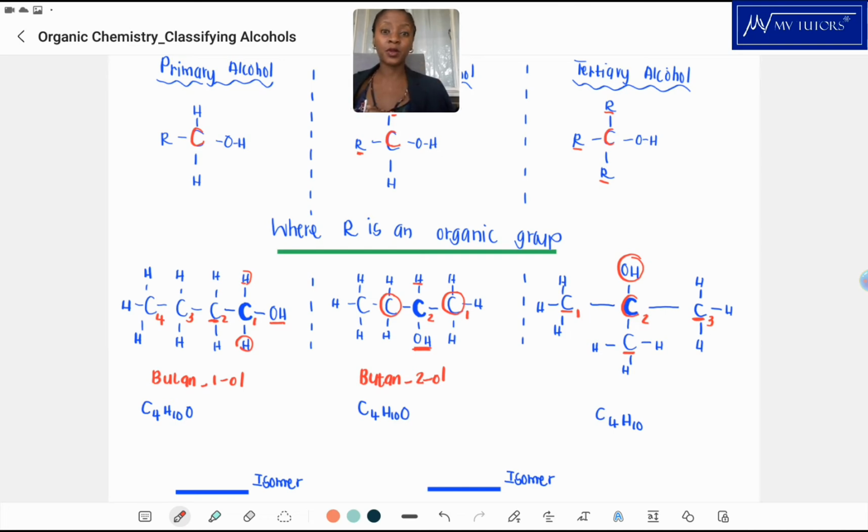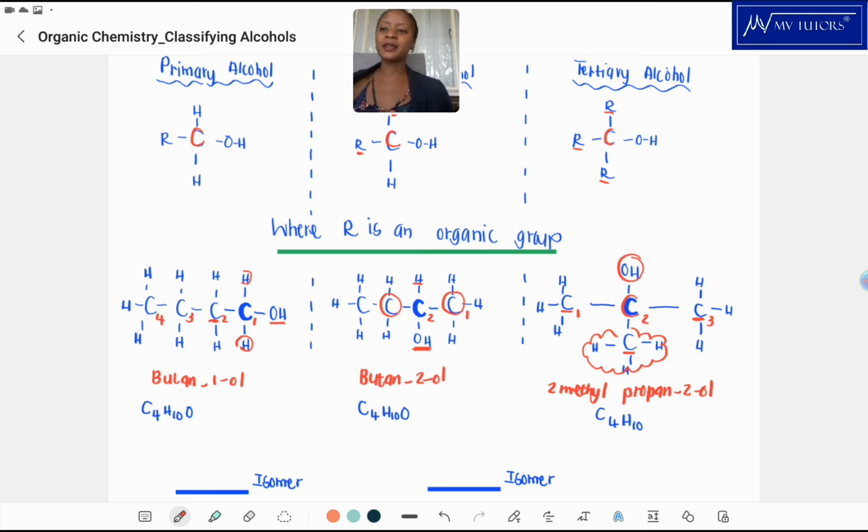So we have a propanol, propan-2-ol, because the hydroxyl group is on the second carbon. But we also have a methyl group. This is our methyl, our alkyl group over here. So it's going to be 2-methylpropan-2-ol.